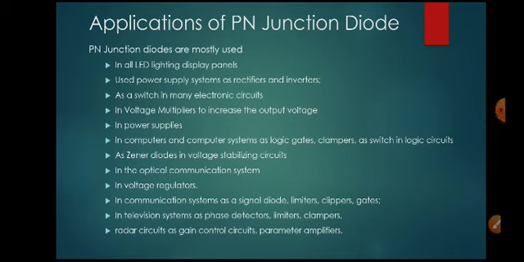These junction diodes are used as rectifiers and inverters in power supplying systems. PN junction diodes are used as switches in many electronic circuits, like automatic open, close, switch on, switch off circuits, and detecting circuits.